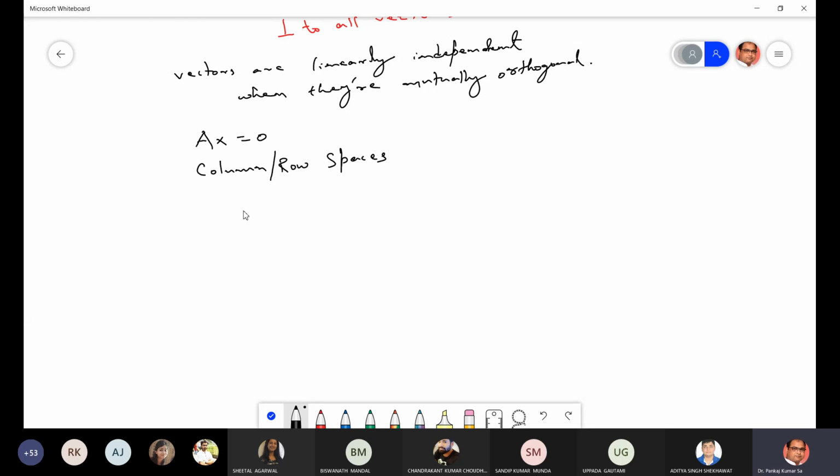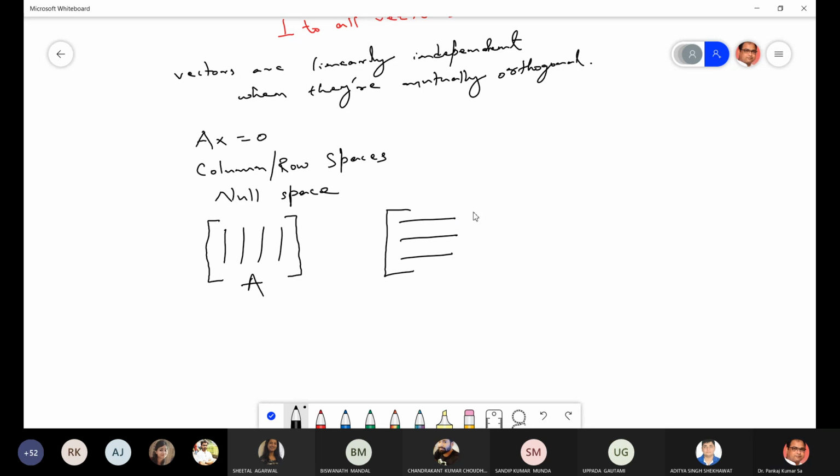Let me introduce one more space, which is also known as null space. What is a null space? Column space: this is the matrix A, and we talk about the space that is spanned by the independent columns of this matrix A. Similarly, independent rows of matrix A.